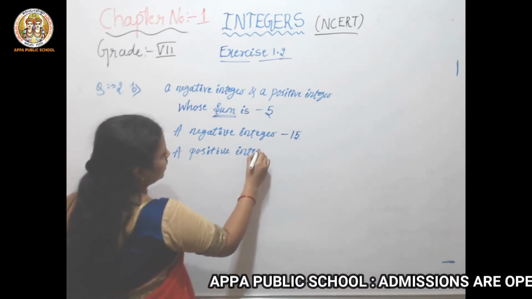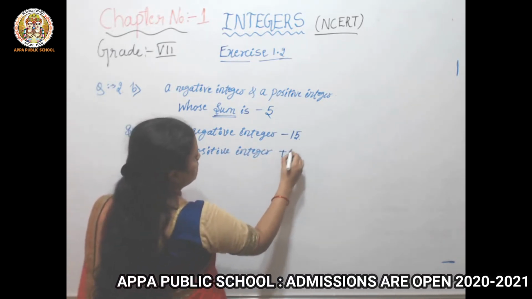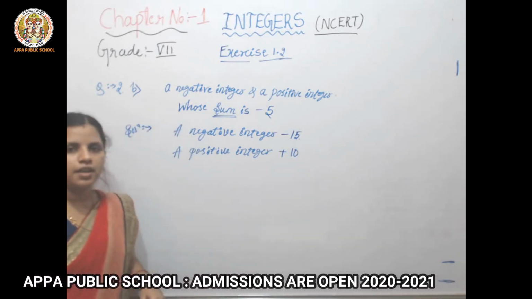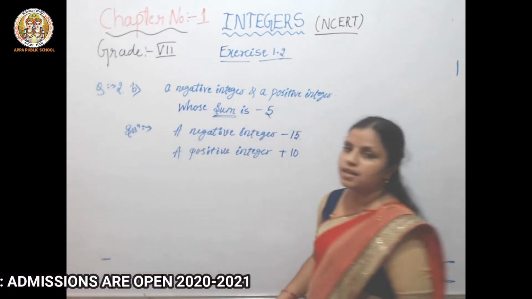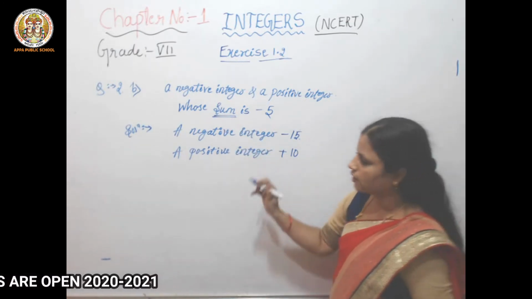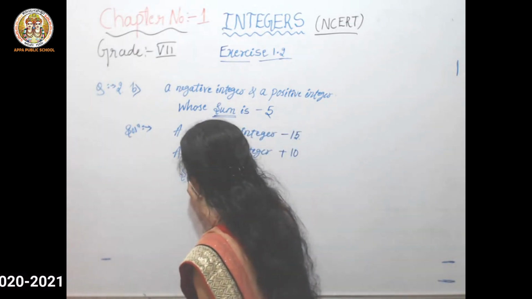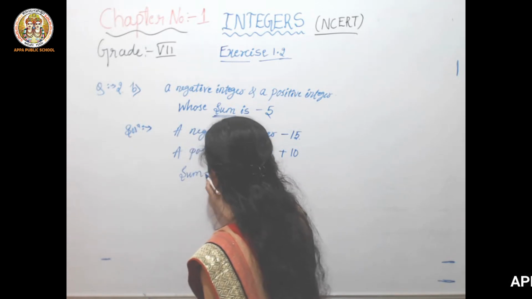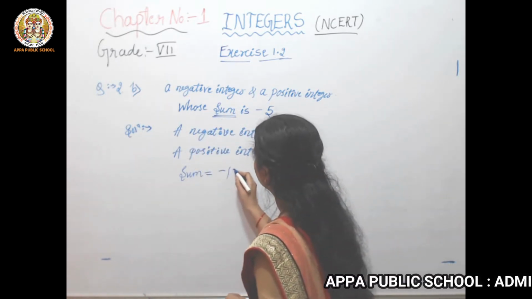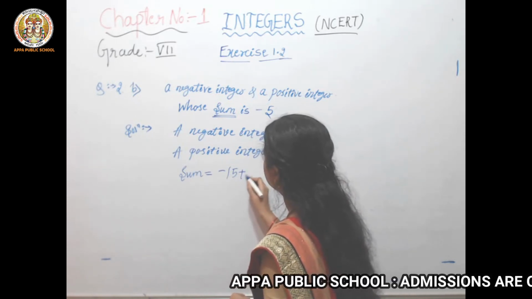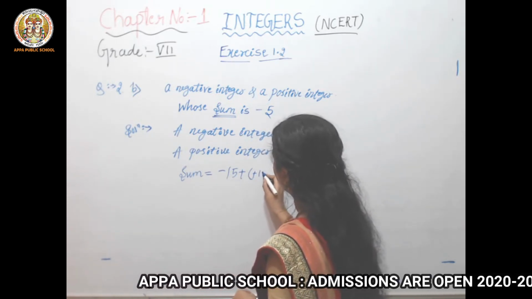I am taking here the positive integer plus 10. One is a negative, the other is a positive. And what we have to take here is the sum. Okay, sum. So the sum is -15 plus 10.